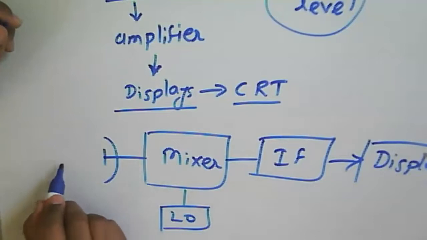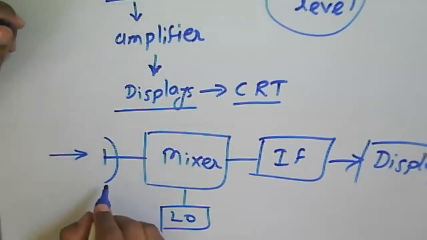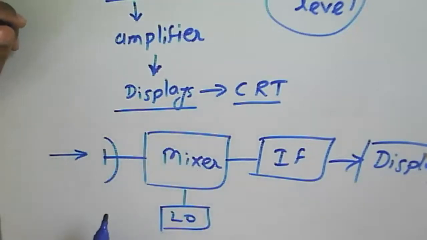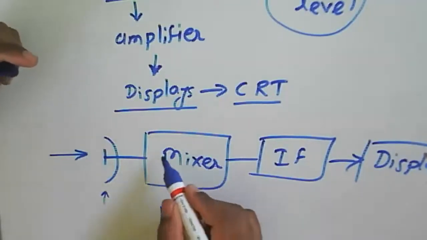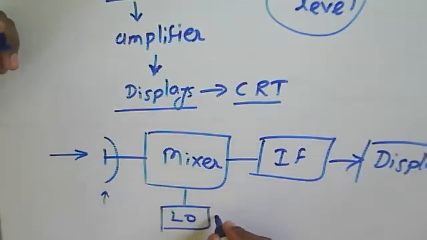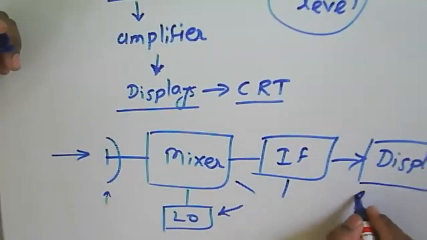But now an incoming signal reaches the input end or front end of a receiver through the antenna. So noise enters from the antenna as well as the noise present in each and every device or component. There will be noise from the local oscillator, mixer, and IF.